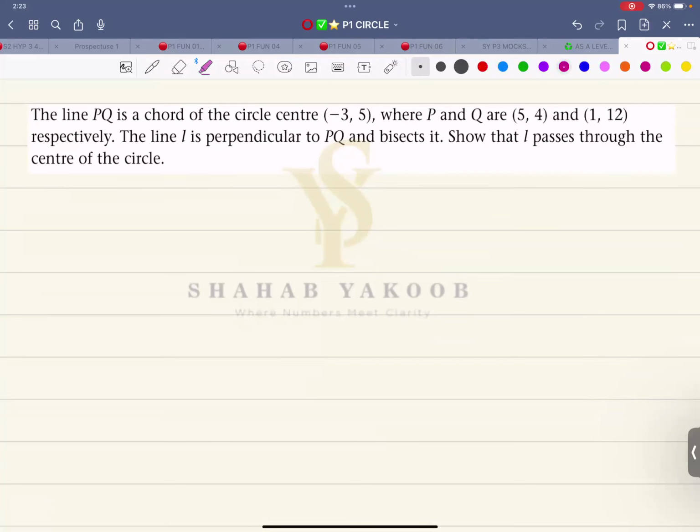So now let me highlight something else. The line PQ is a chord of a circle center negative 3, 5, where P and Q are 5, 4 and 1, 12 respectively. The line L is perpendicular to PQ and bisects it. Show that L passes through the center of the circle.